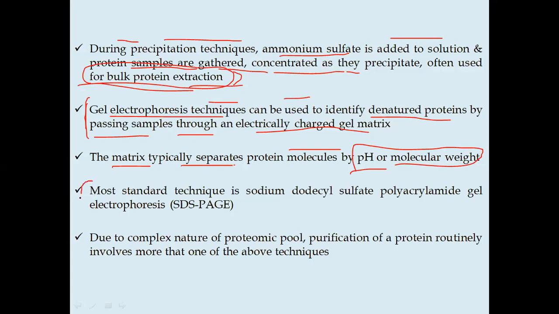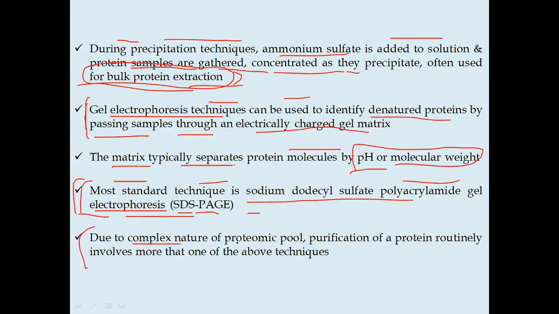The most important type of gel electrophoresis technique is sodium dodecyl sulfate polyacrylamide gel electrophoresis, also known as SDS-PAGE. This is the most important technique used for the purification of proteins.